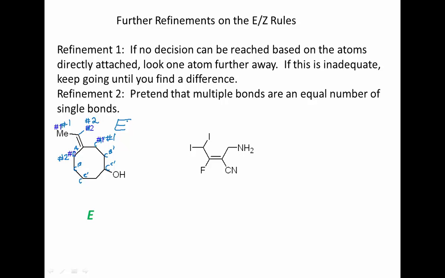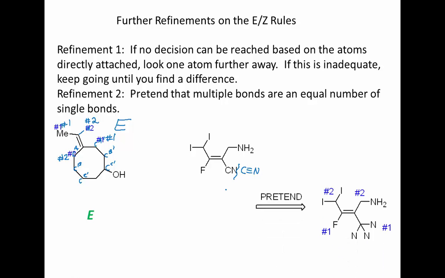What about the other one? Well, we have a little bit of a complication, and that's the cyanide. Cyanide, remember, is a carbon-nitrogen triple bond, so we've got a multiple bond. This also has a classic trick question in it. It's not really a trick question, but some students interpret it that way.